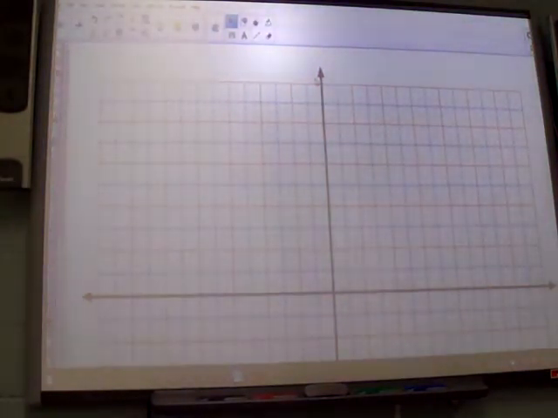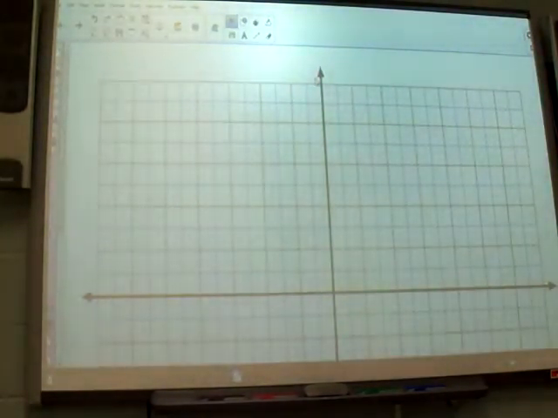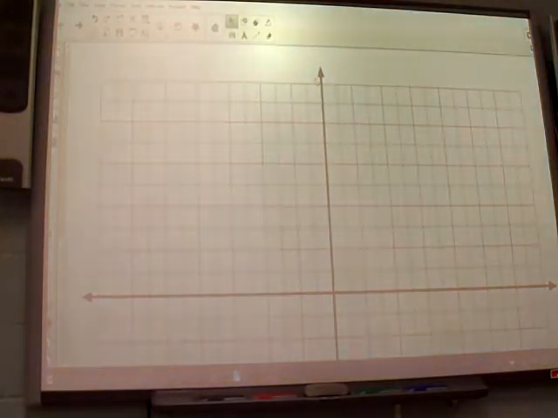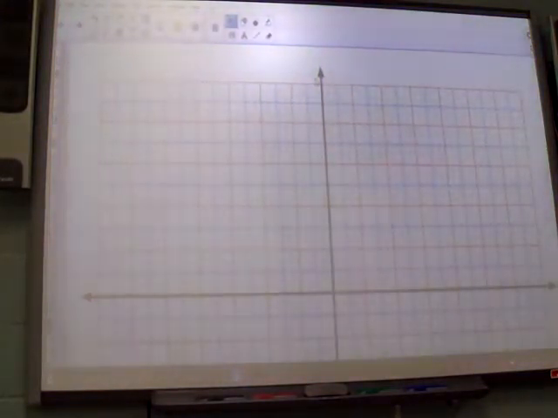So we've got a hyperbola. It has branches.